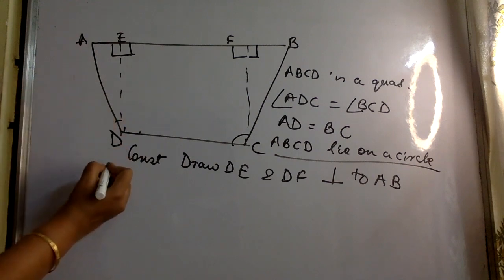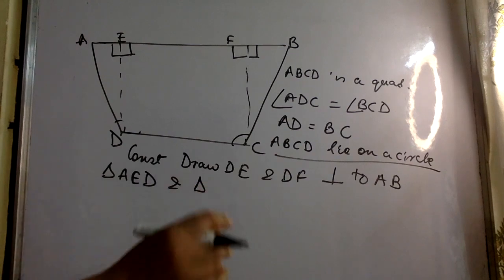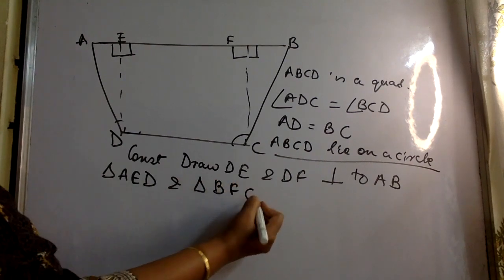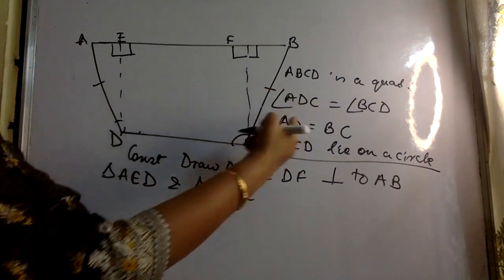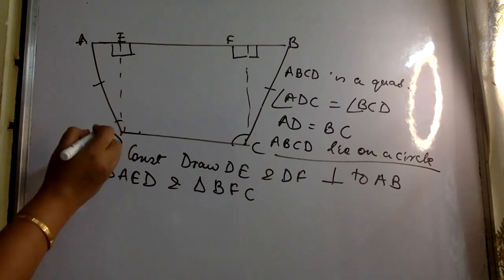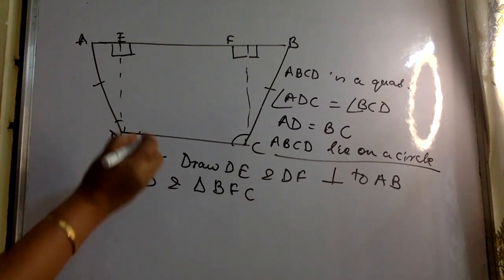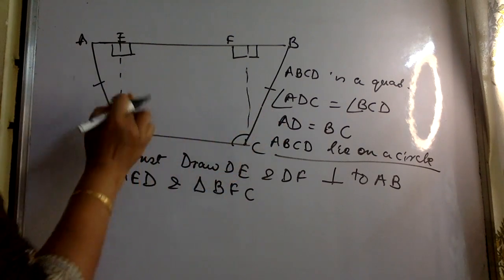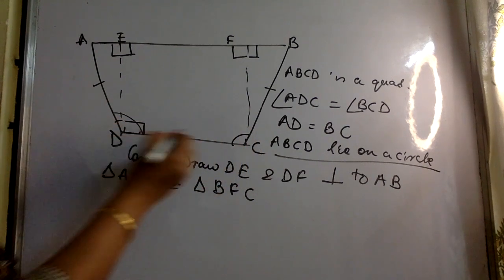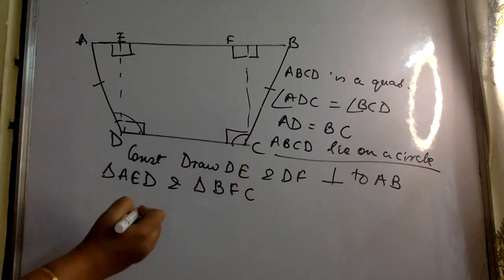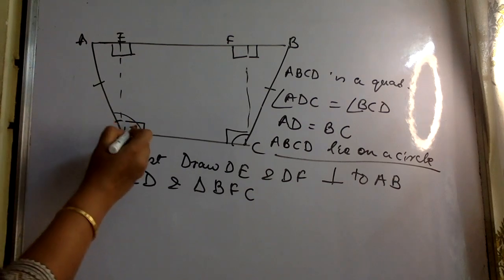We are in triangle AED and triangle BFC. We are talking about these two triangles. This side is equal to this that has been given to us here. They had given us that this full angle was equal to this full angle. But if it is a perpendicular, then here to here is 90 degrees.